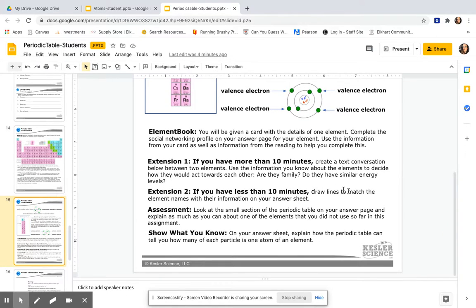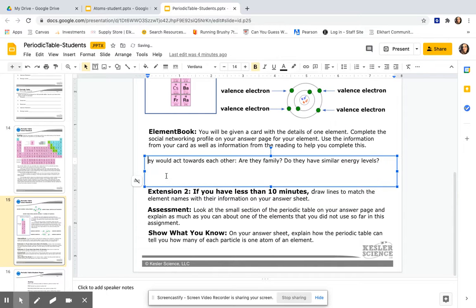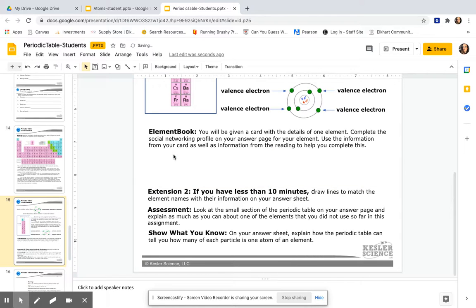Now is choice time for this part right here. You're going to choose to either get an element card made or create a conversation. Actually, I deleted that one, so we will just delete this. There we go.